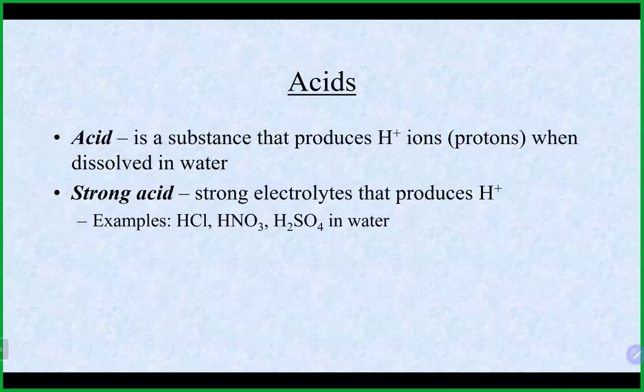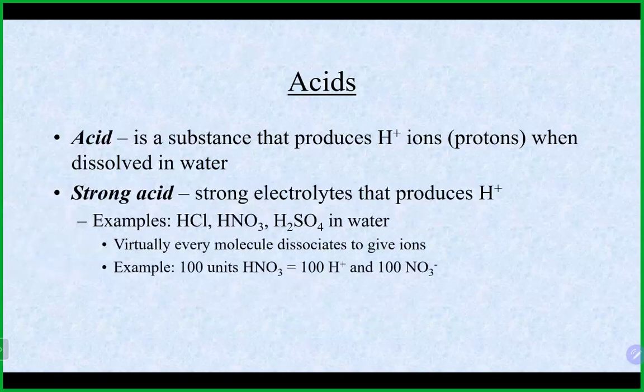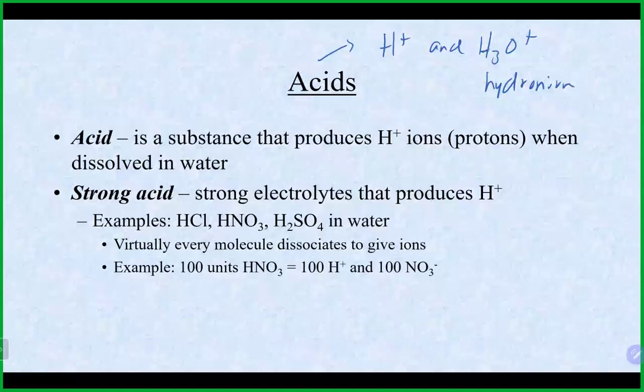So an acid is a substance that basically has the ability to produce H plus ions in solution. When we talk about acids, oftentimes H plus and H3O plus, which is the hydronium ion, are used interchangeably.